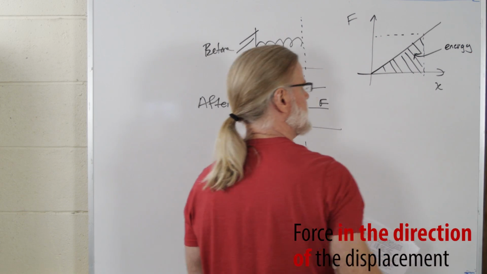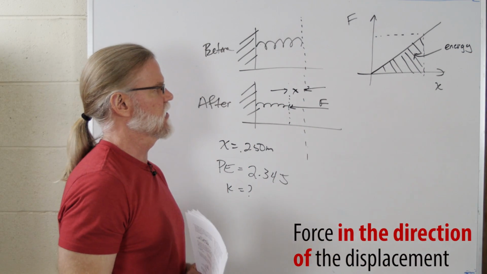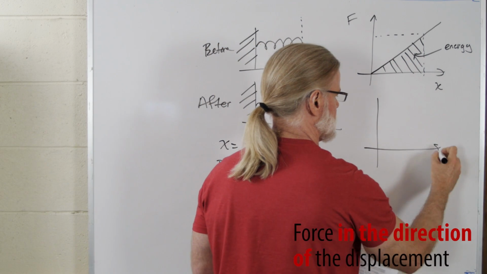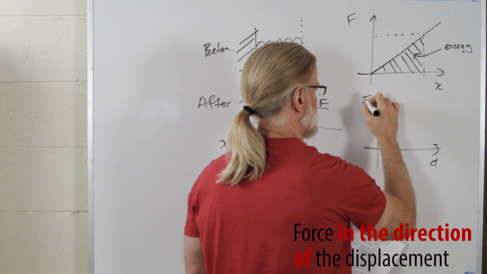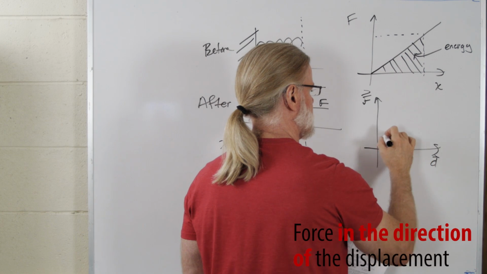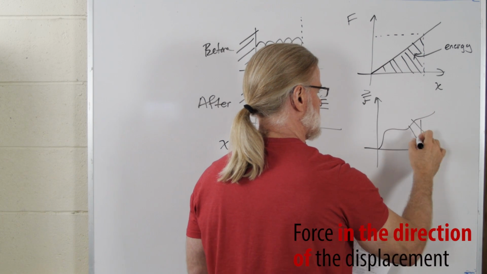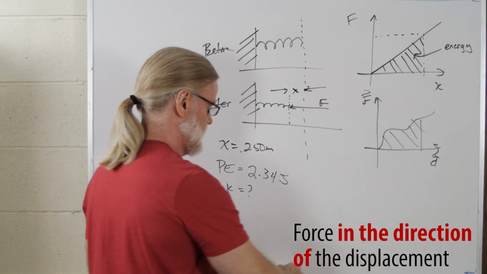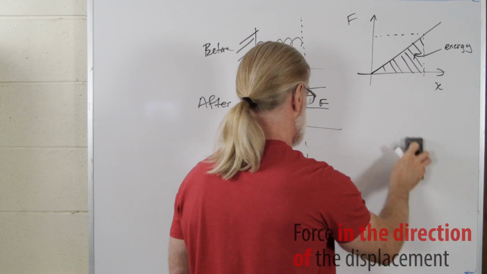That's true in general, not just of the spring, but any force versus displacement graph. It doesn't matter the shape of it. The area under the curve is the work done. We don't get into that so much in this class, but we talked about it.